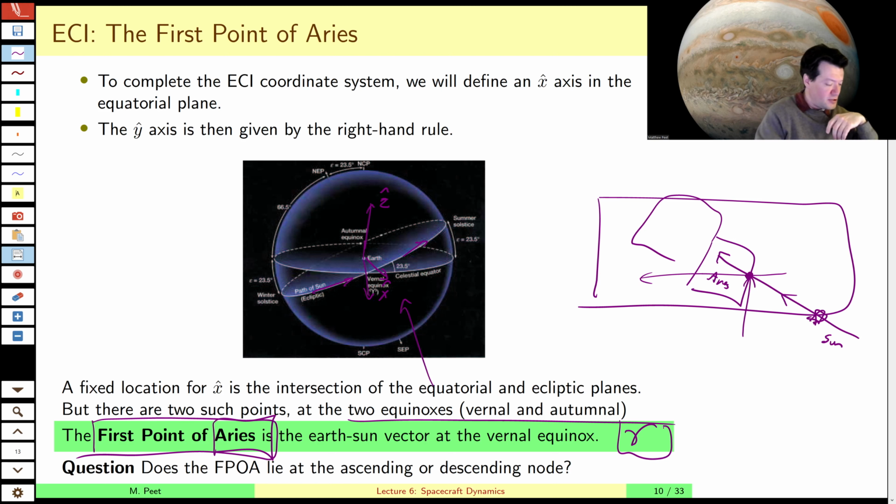So does the first point of Aries lie at the ascending or descending node? It lies at the ascending node as we view it from our Sun-orbiting-the-Earth coordinate system, which of course Ptolemy believed in at the time. Now, we can think about whether the Earth is rising or setting with respect to the Sun, but that doesn't make a whole lot of sense because the Sun doesn't pay much attention to the Earth's equator.